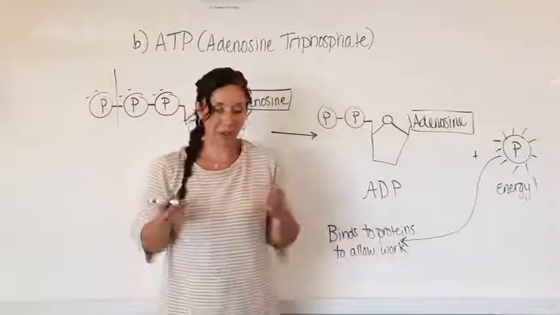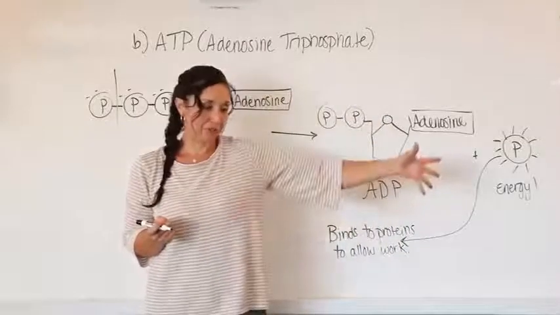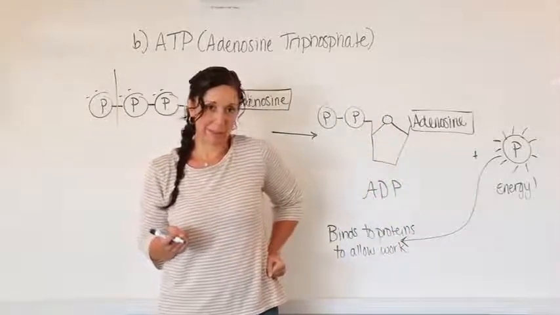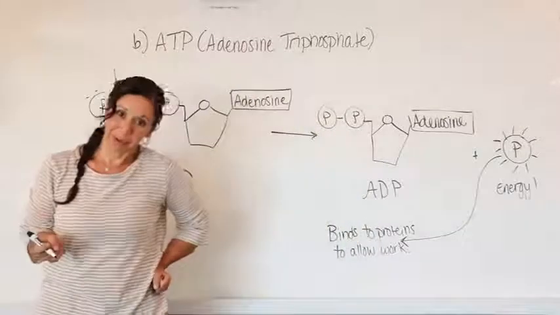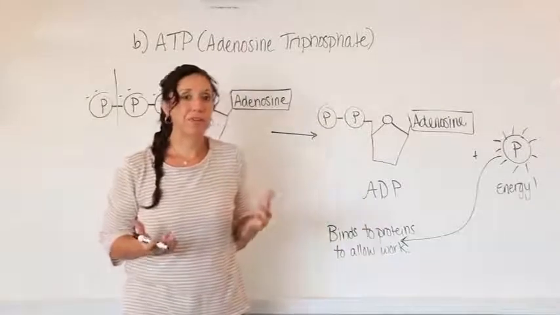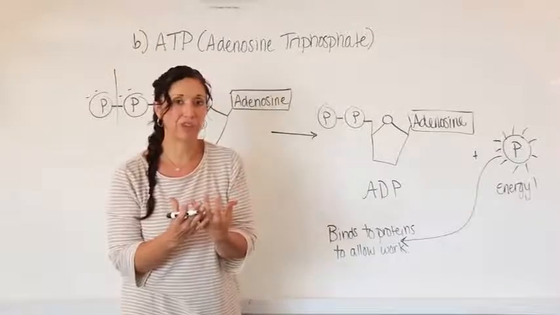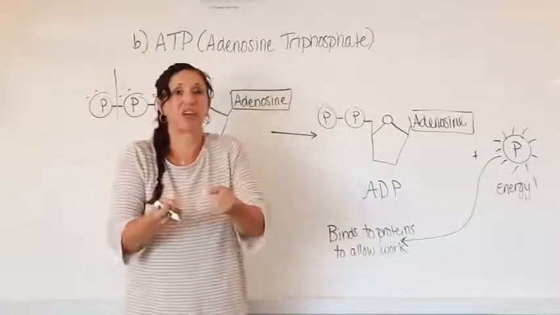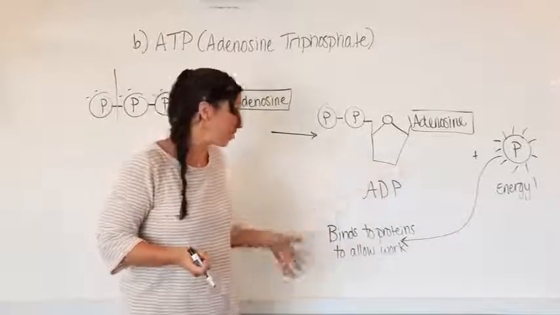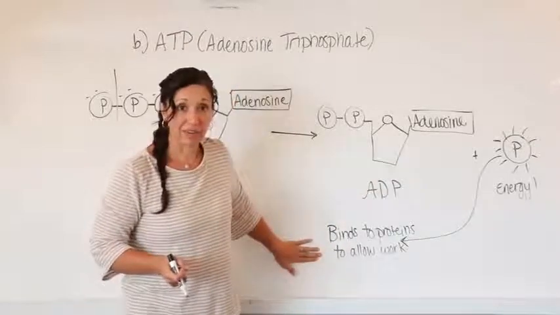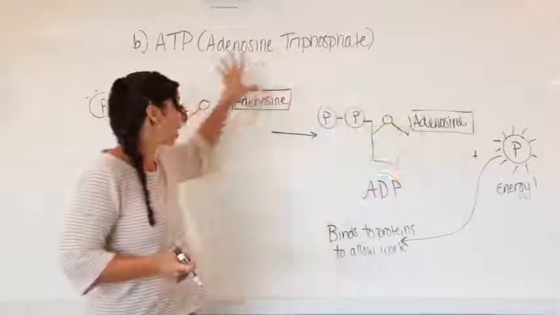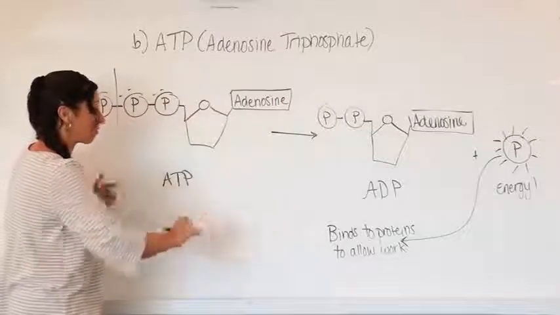If I'm a protein and that phosphate group binds onto me, I can now move, okay? Without that phosphate group binding onto me, I can't do the conformational change that needs to be done. I need that shove, I need that push, I need the energy from phosphate to do that. And that phosphate energy comes from adenosine triphosphate.